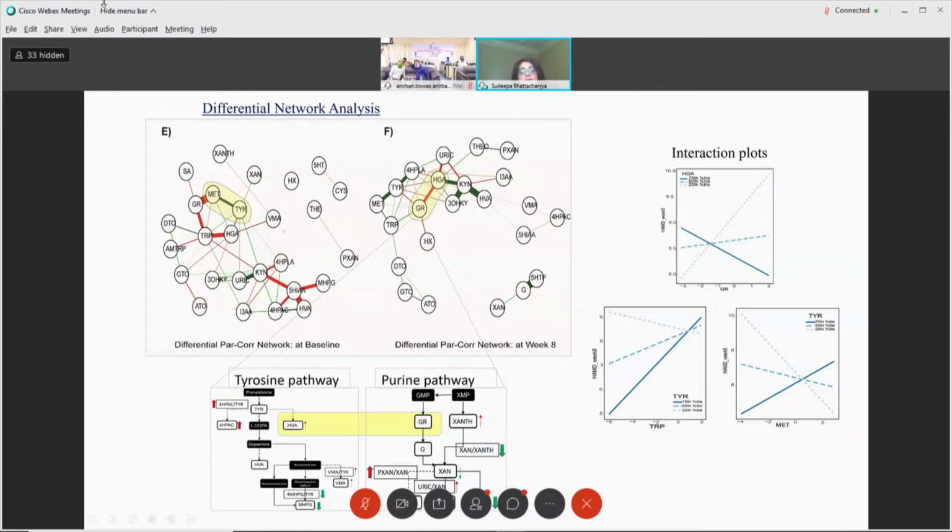So next, we asked, are any of these interactions associated with any significant genetic variant within these patients? And we found two of these interactions, the methionine tyrosine and also the guanosine and homogentisic acid, were associated with SNPs.